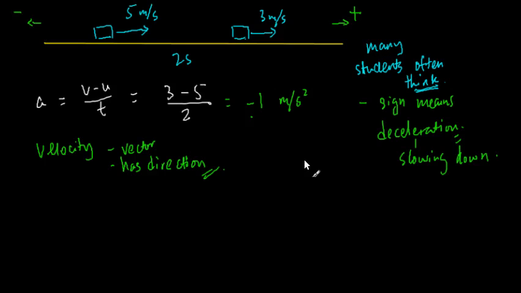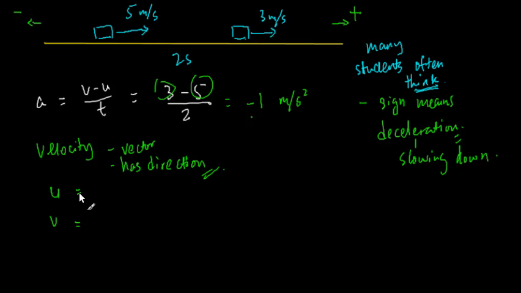If I do that, then even before substituting these numbers, there's something else that I need to do first. I need to include the direction in my v and u. So how would I include the direction? For this simple example, the way to include the direction is by putting the signs in front of the number.